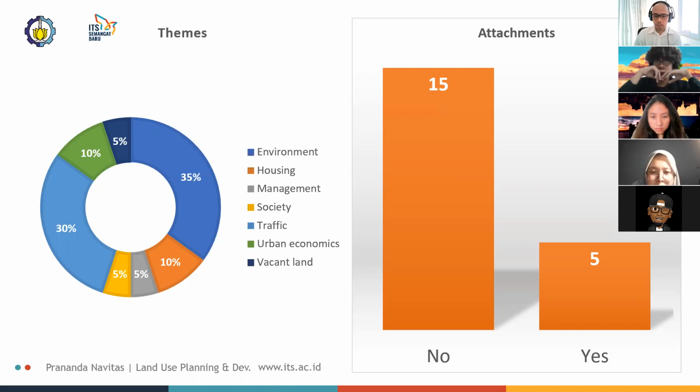Right. Now, environment and traffic are two of the most popular topics. Since these two topics are very strongly interlinked, I think throughout the next few slides, I'd like to hopefully be able to explain how land use can affect these things.